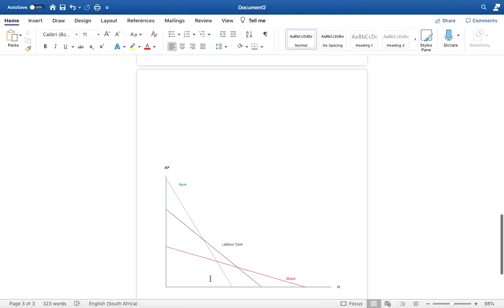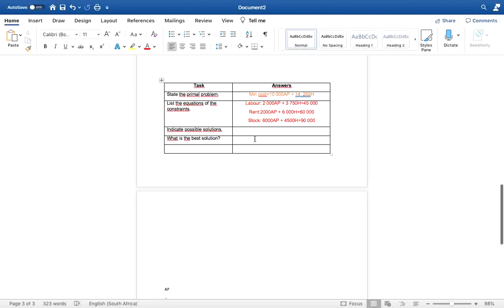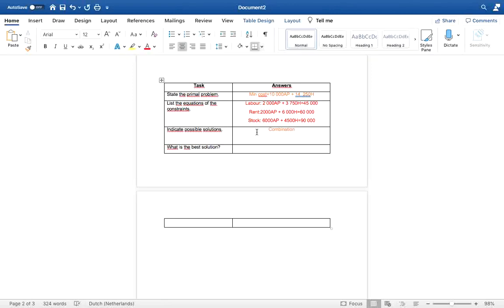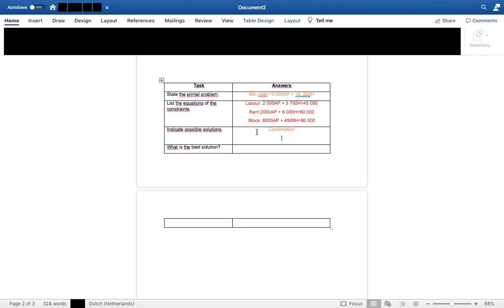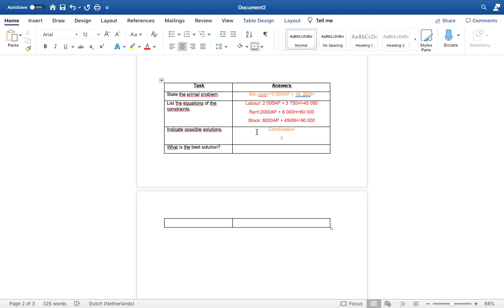So therefore our possible solutions are, let me do this combination. The first one is 0H plus 30 AP.